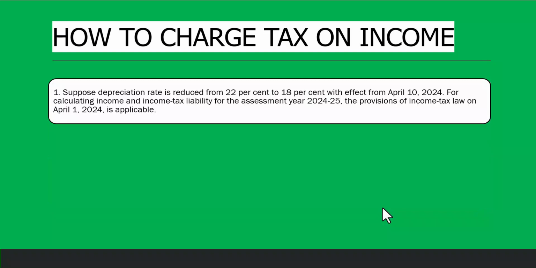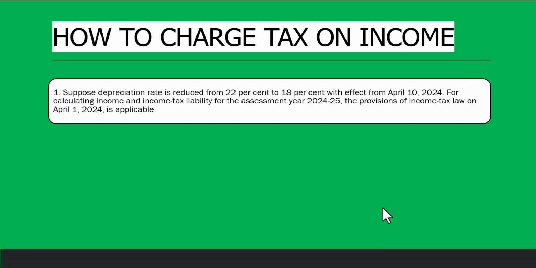So let's understand. Suppose, now, can you read this, Kishore? Suppose depreciation rate is reduced from 22% to 18% with effect from April 10, 24. For calculating income and income tax liability for the assessment year 24-25, the provisions of income tax law on April 1, 24 are applicable.